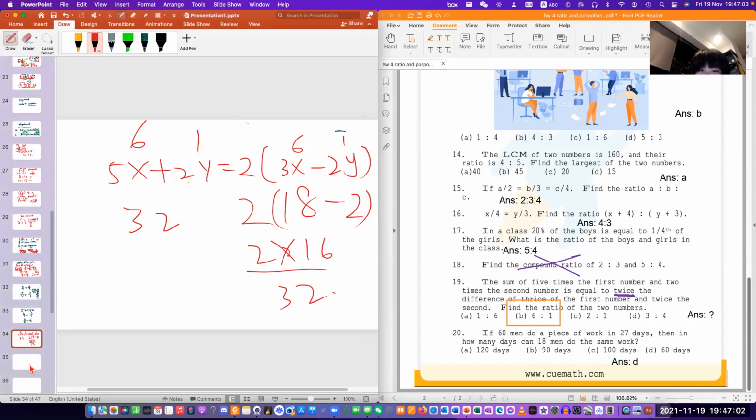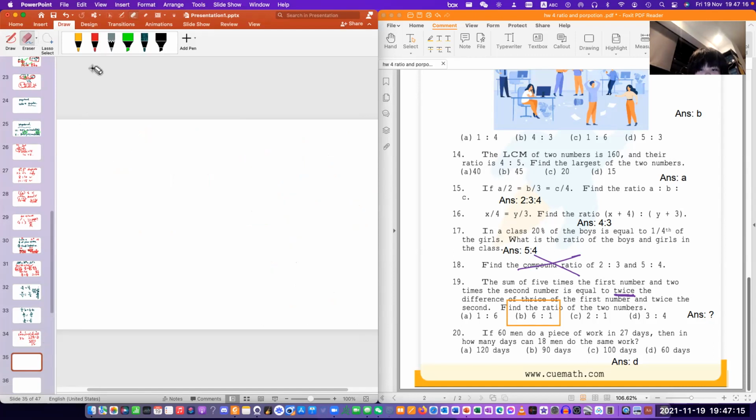20. If 60 men do a piece of work in R, this question is very common in secondary school. I think you have this in your P6 PSLE as well, right? Do you have this? 60 men, 27 days, complete one task.